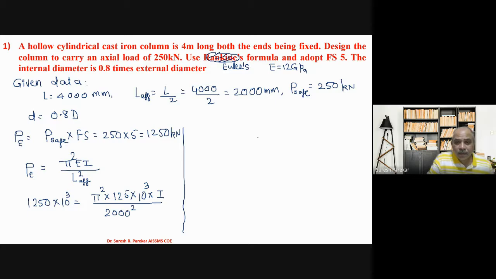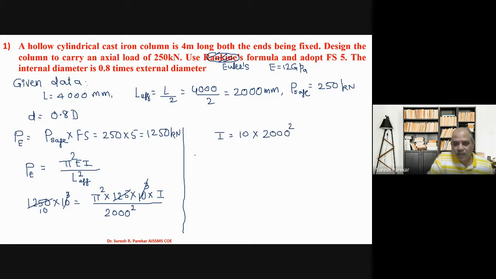Now we will put I also over here. So this 10 raised to 3 gets cancelled. So 125 we have, this value is equal to 10, and from this we will get I equal to 10 into 2000 square.